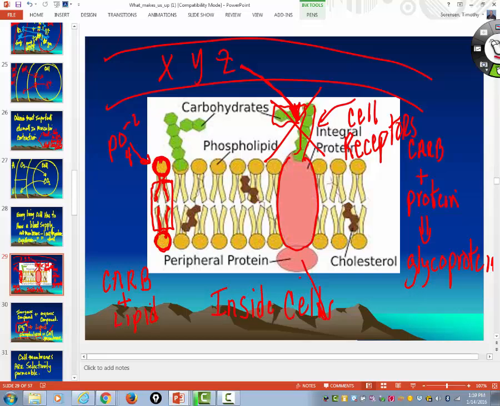My point is that we're just not made of carbs, fats, and proteins. We're made of combinations of those things. And those combinations of organic and inorganic compounds make up the living unit that is you, and that is the cell membrane.